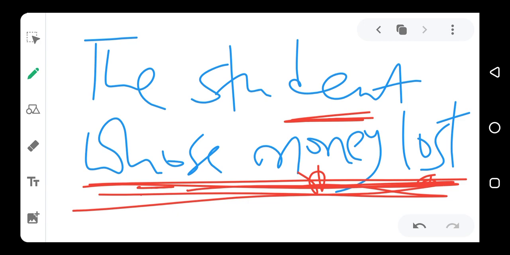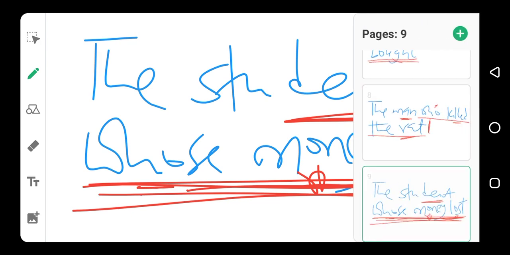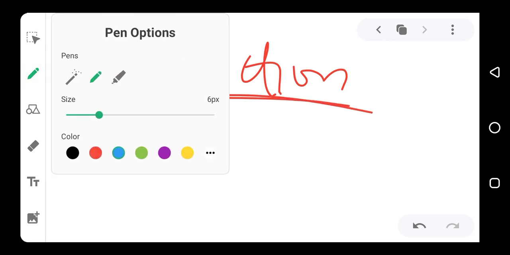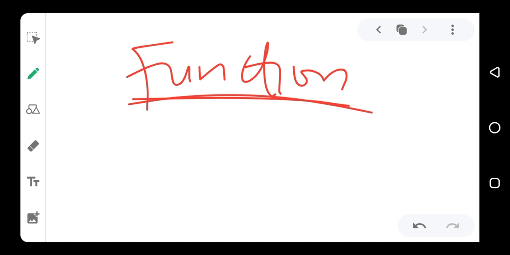So that is how we identify adjectival clause in a sentence. And now the functions of adjectival clause. An adjectival clause generally functions as an adjective in the sentence.